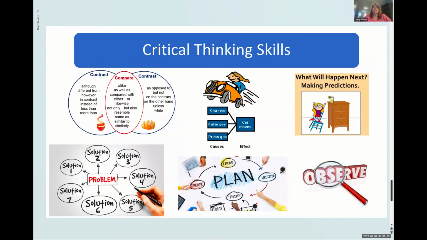We also applied critical thinking skills by having students compare and contrast sprites and objects in other games they've played in the artist versus the sprite program. Observe the cause and effect, what happens when they click on run. Making predictions, solving problems, making a plan, and observing the code.